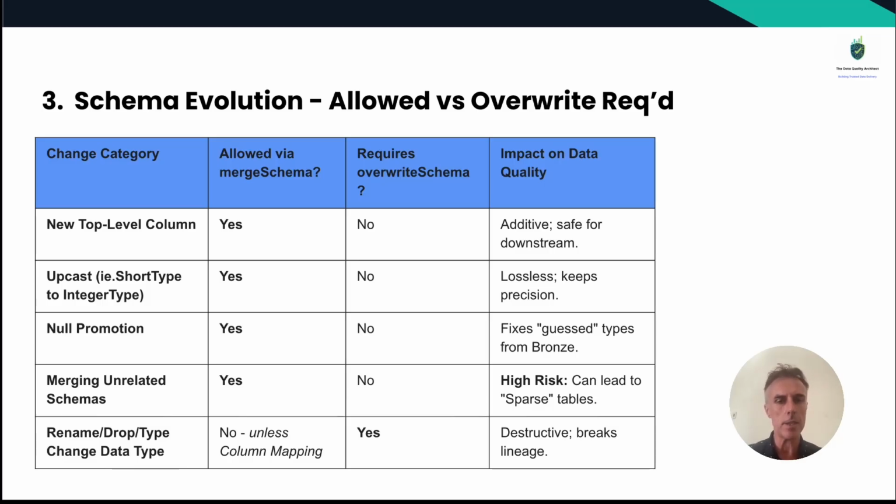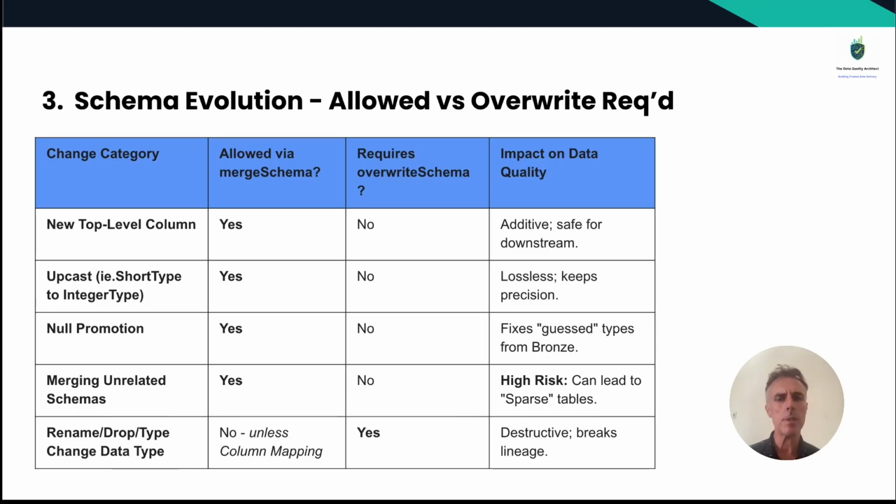More edge cases that are allowed are null type promotion. So, for example, you ingest 1,000 rows of data, but this specific column is entirely empty. Spark infers this as a null type. Then suddenly you get one more row and it's a string.